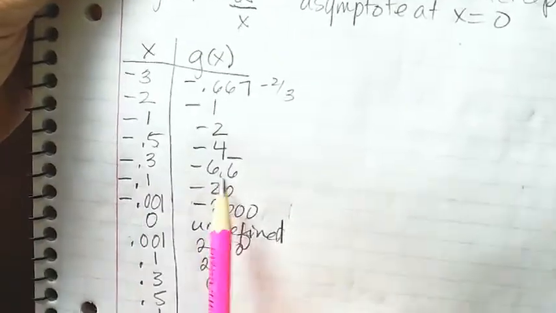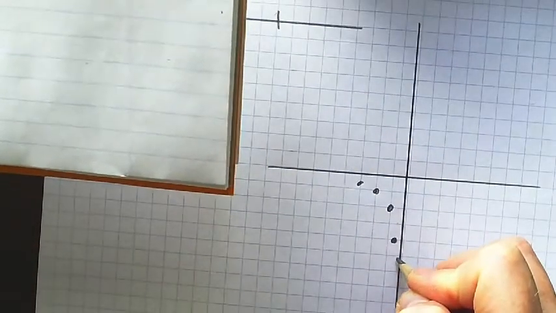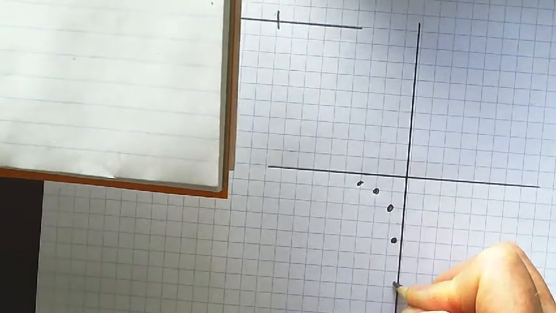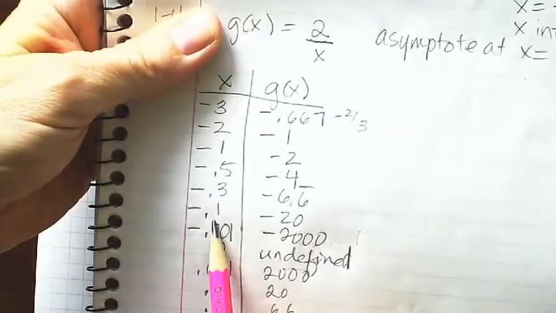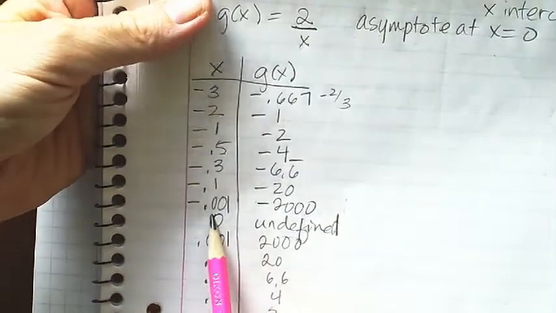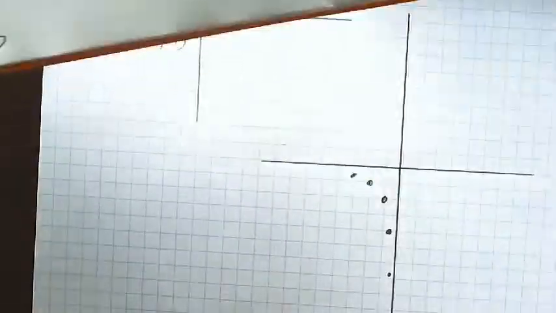Okay, -0.3, -6.6. -0.1, -20. So I'm not even going to worry about -0.1, and then -0.001, -2,000.